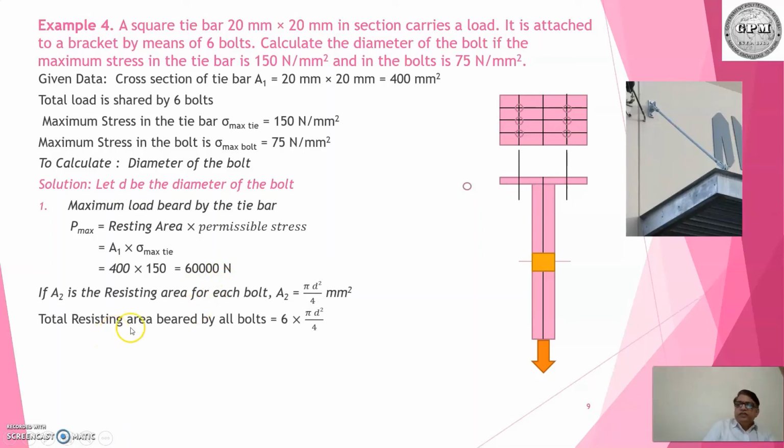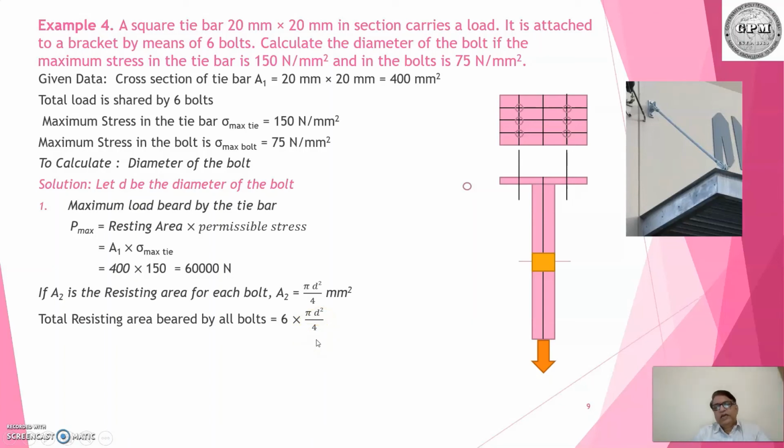If A2 is the resisting area of each bolt, and D is the shank diameter of each bolt, then A2 is pi d square by 4. Hence the total resisting area borne by all bolts is 6 into pi d square by 4.